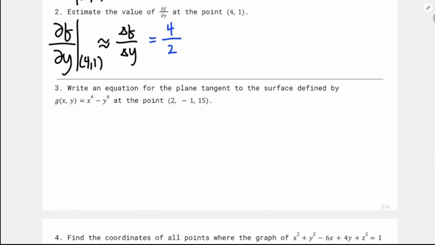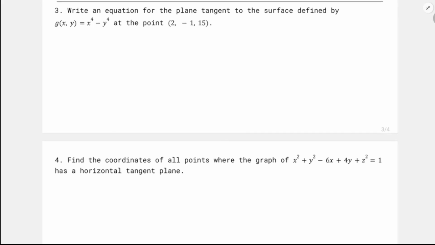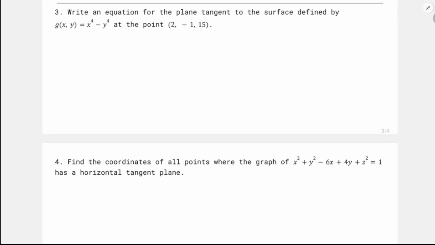Right. Now, if we want to write an equation for the tangent to this surface, okay, we're going to take our partial derivatives, get our point, get our partials, write our equation. So gx will equal 4x to the 3. Gy will equal negative 4y to the 3. Okay, at the point where x is 2 and y equals negative 1, 4 times 8 is 32.